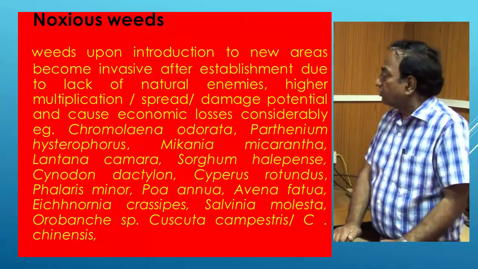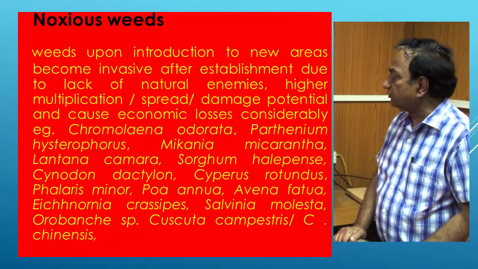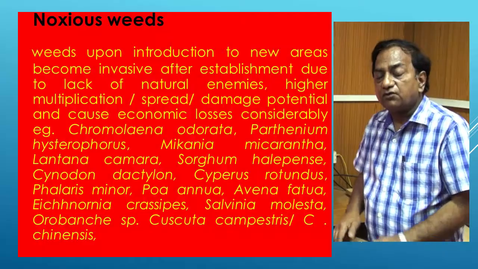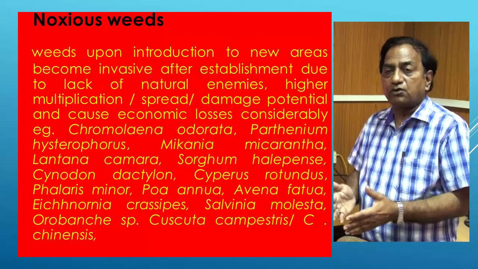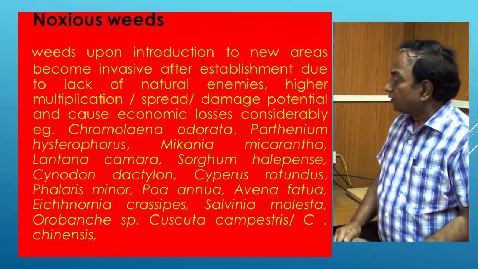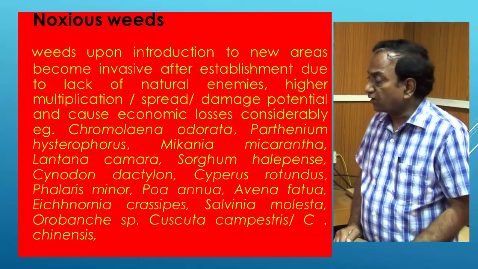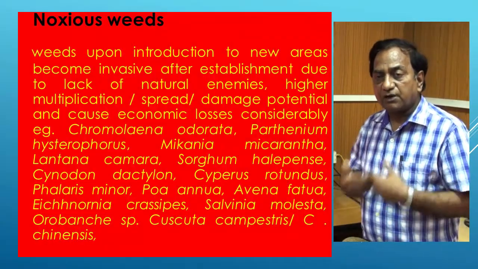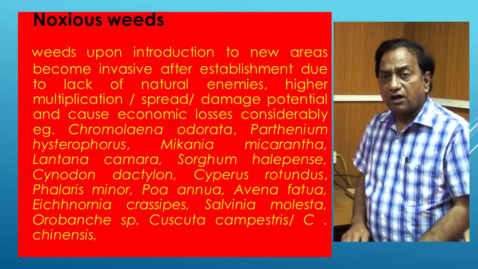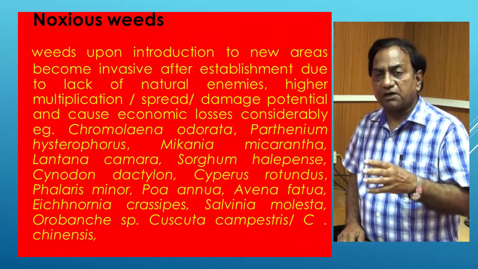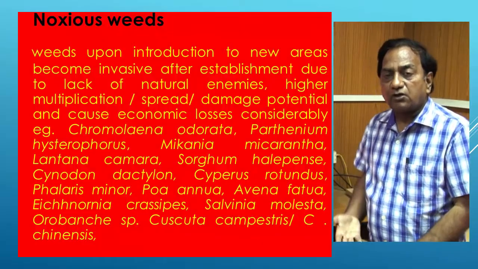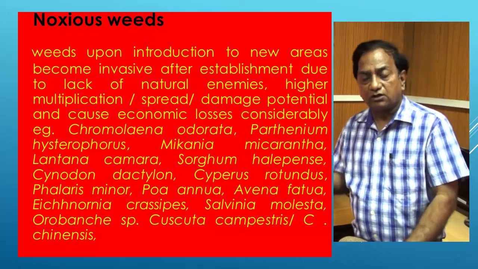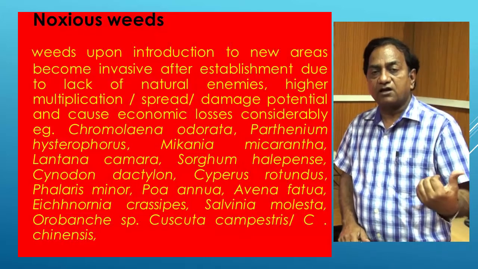Noxious weeds. Noxious weeds are the weeds which, upon introduction to new areas, become invasive and, after establishment, thrive due to lack of natural enemies. So certain weeds have no natural enemy, so they continue to grow without damage, and they have higher multiplication. For example, Parthenium has no enemies in India, so it has spread all over India, from sea level to the Himalayan region, and from the wet region of Bengal to dry Rajasthan.